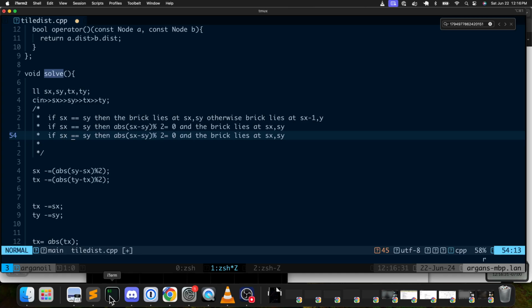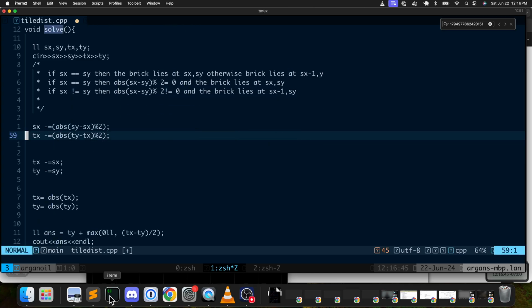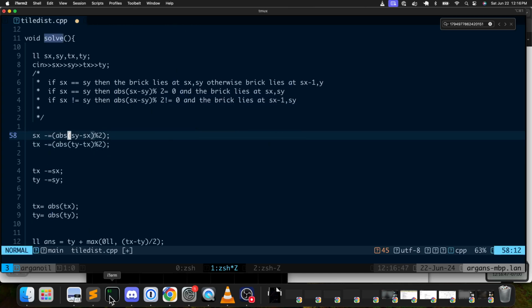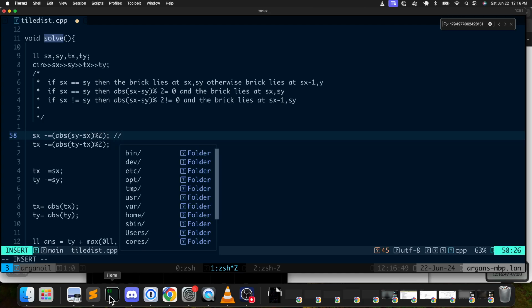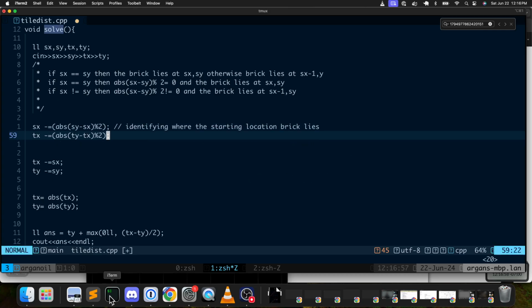If sx is not equal to sy, then the absolute value of sx minus sy is not equal to 0, and the brick lies at sx minus 1 comma y. And this is for identifying where the starting location brick lies.